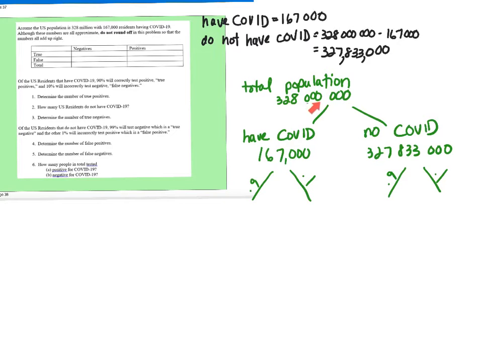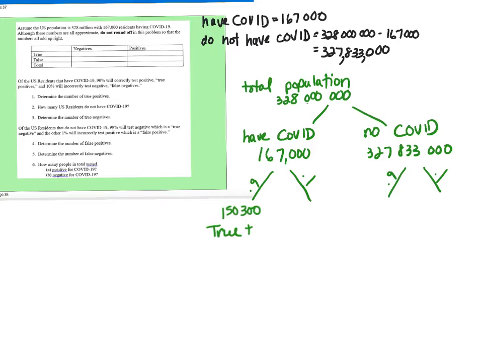Of my total population, 167,000 have COVID. If it correctly identifies them with a 90% accuracy rate, there would be 150,300 people. They have been correctly identified as having COVID.